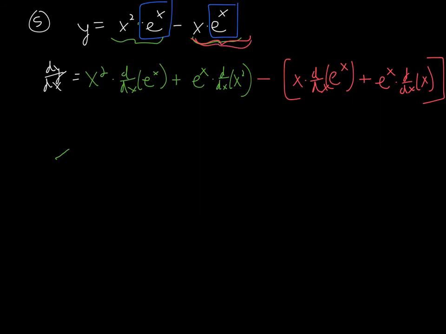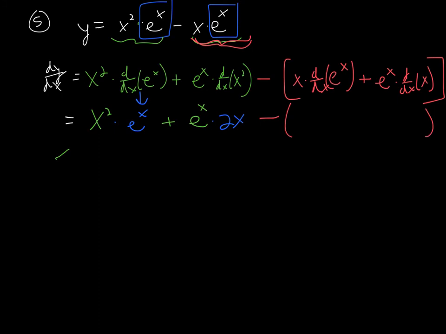So now I just need to actually go back and take the derivatives. I'm going to have x squared is the same. Derivative of e to the x is e to the x. So there's your actual stuff from this section kicking in, plus e to the x times derivative of x squared. That is good old power rule, times 2x. Minus, I'm going to leave all of that in brackets for now, or parentheses.